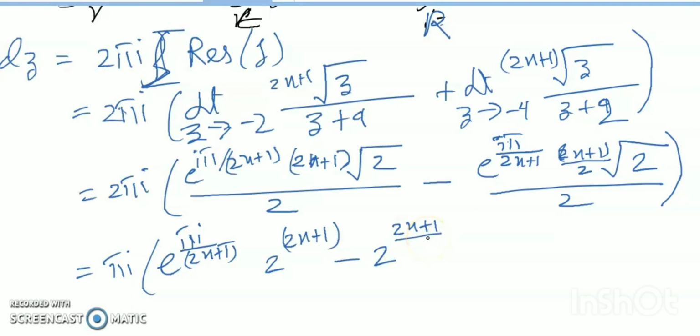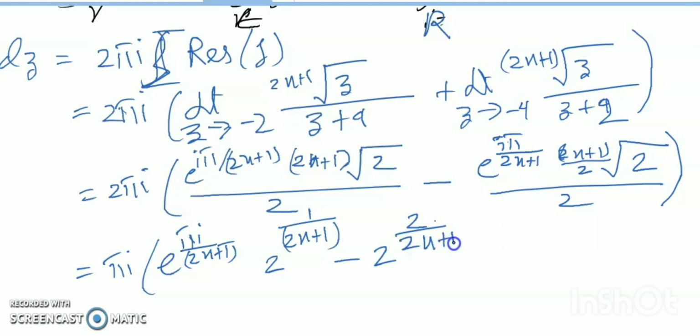Okay, 1 by 2 to the power n plus 1, I can write this way, this is very simple, 2 divided by 2n plus 1. Okay, this is a clear concept.